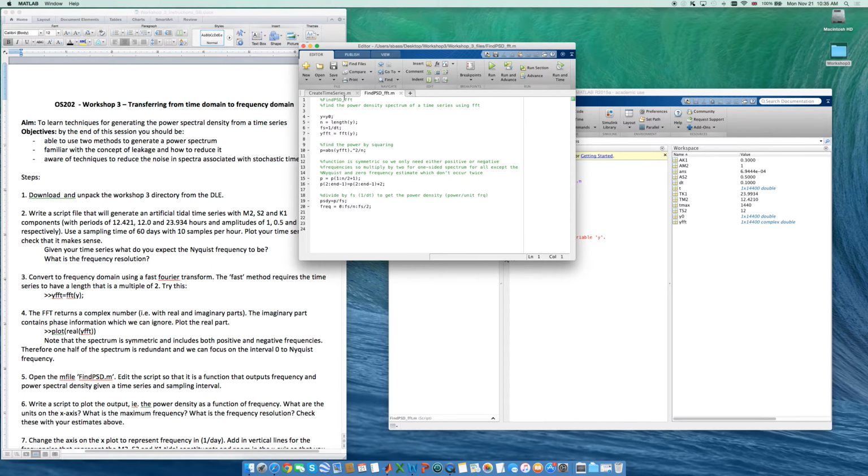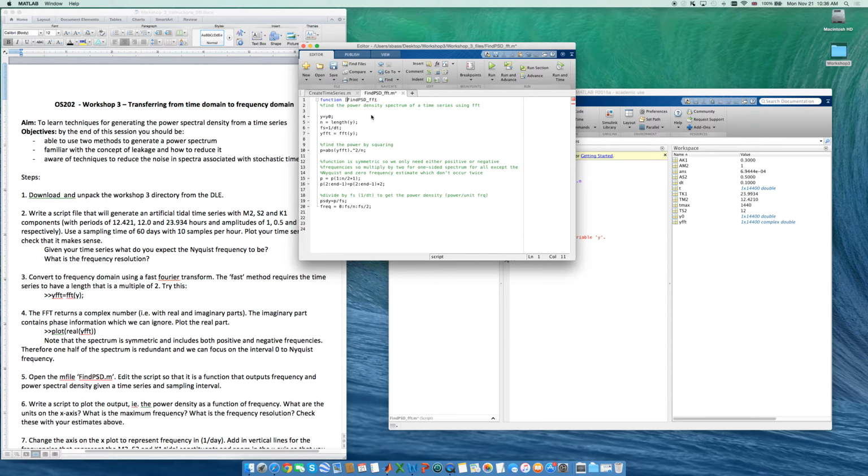Okay, so let's do that. First of all, to convert this into a function, we need to get rid of the comment at the top, type in function in front of it, and now we need to give it some outputs.